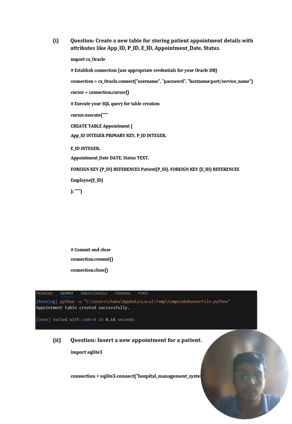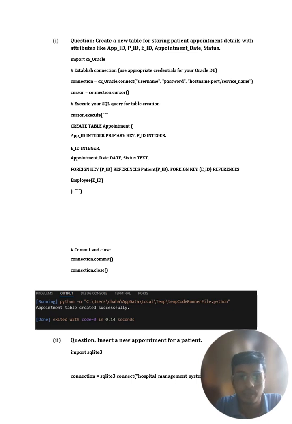It is in Python Oracle code. For that, you have to install cx_Oracle, and I have implemented it through VS Code with Python. First you have to establish a connection with Oracle. Then the main SQL code is create table.